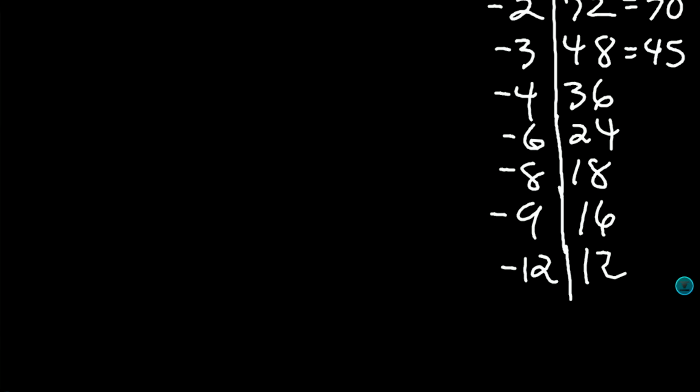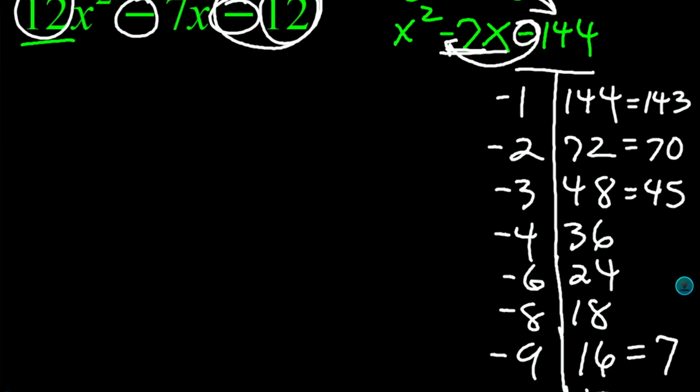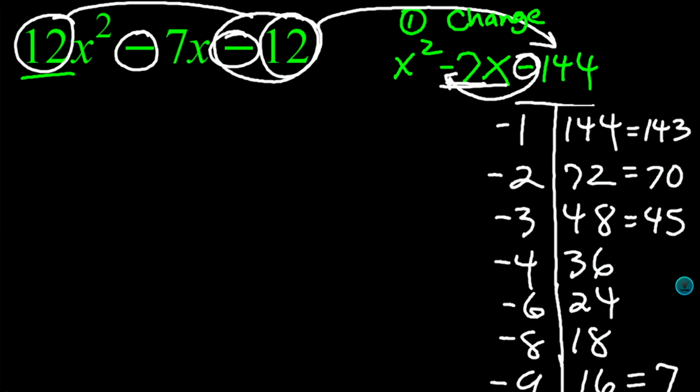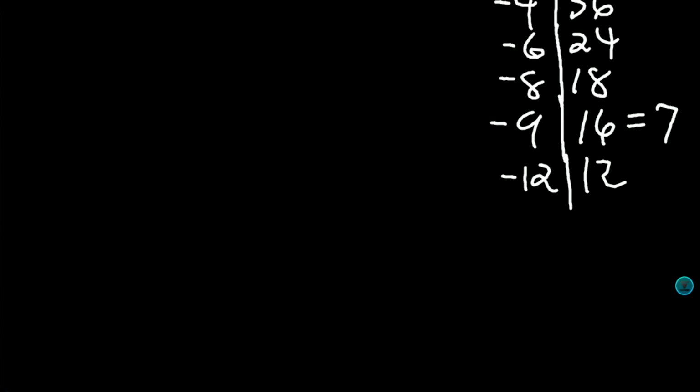If you try all these, you're going to find out that when we get here, negative 9 plus 16 is going to give us a positive 7. Well, we're close. But see, we need a negative 7 instead of a positive 7. So all we have to do is adjust our sign. If we make our 16 negative and leave our 9 positive, that'll give us a negative 7.